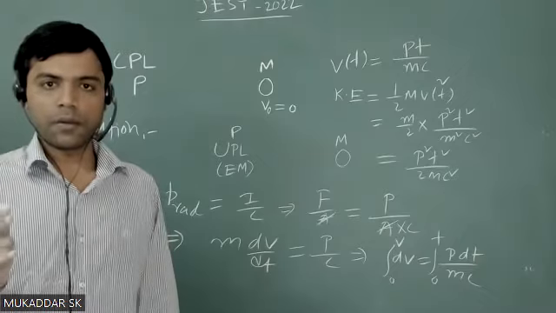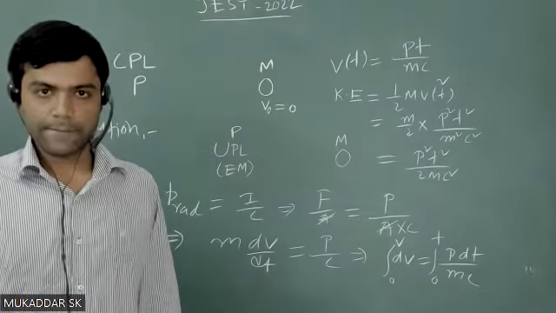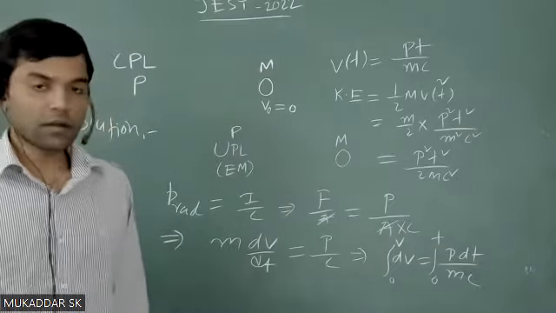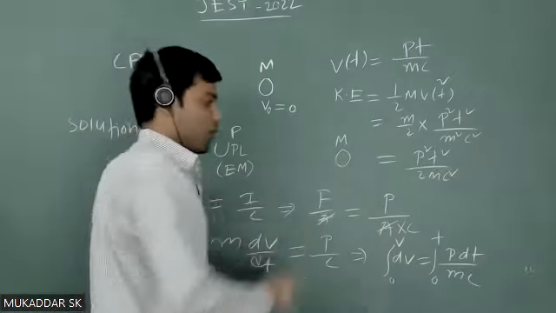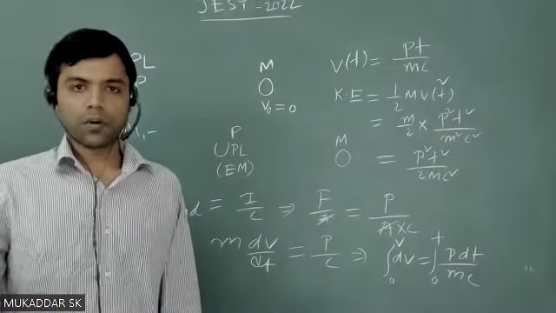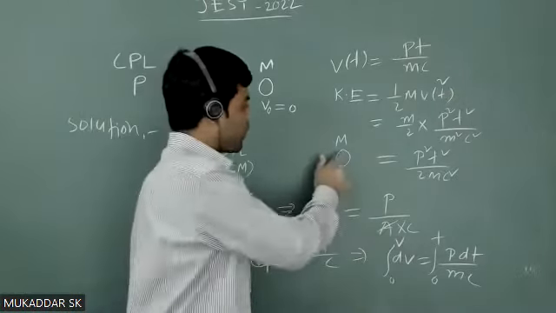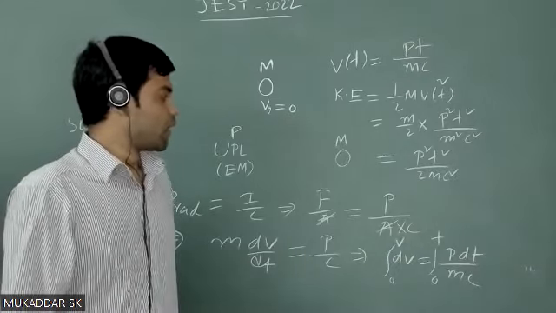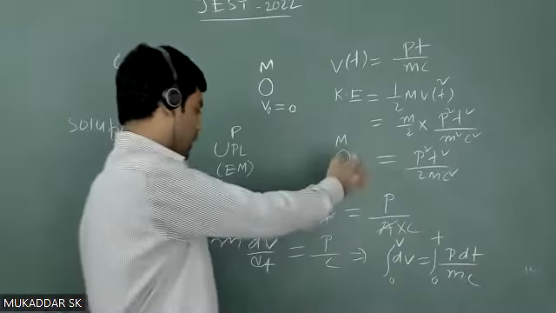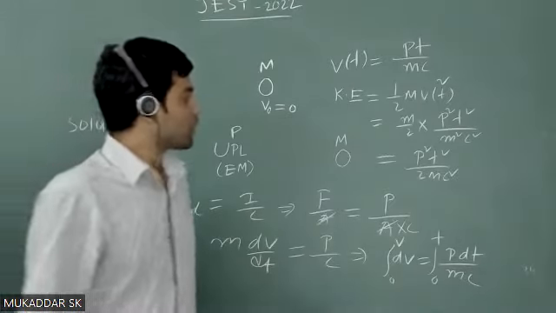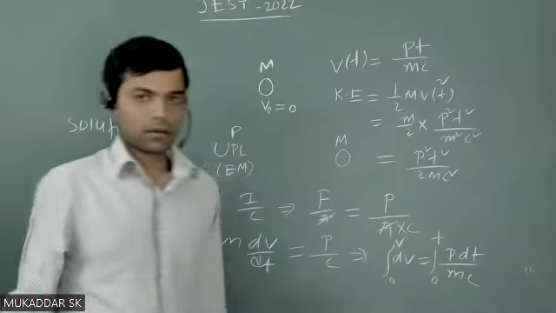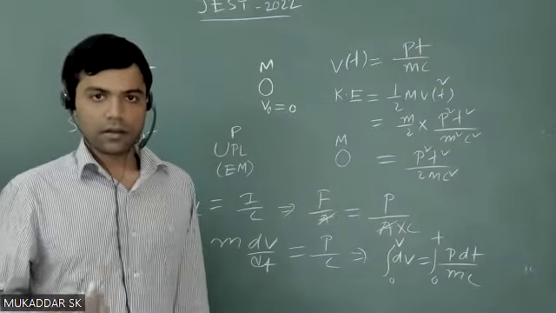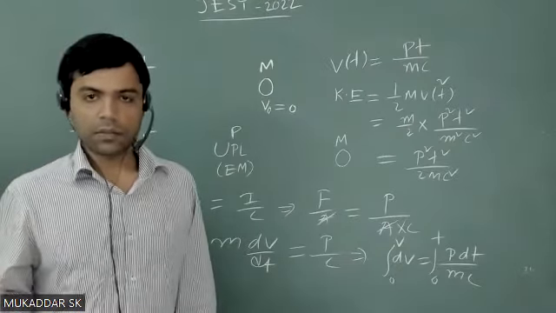So the pressure felt by this particle will be high, and of course if pressure is high, definitely the speed will be high. And if the speed is high, definitely the kinetic energy of that particle will be high.